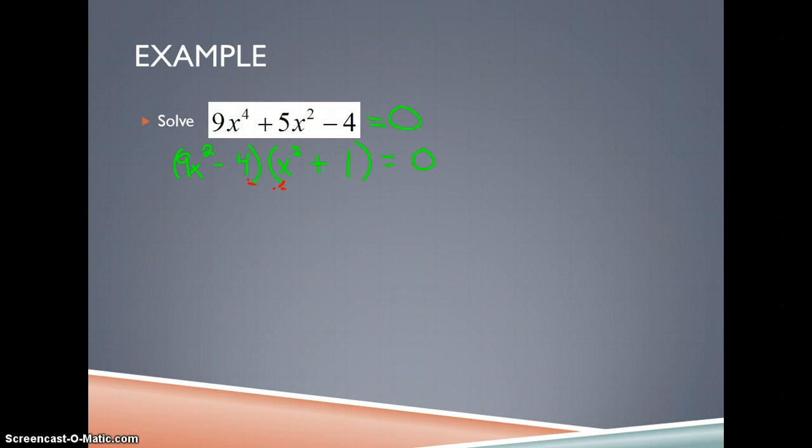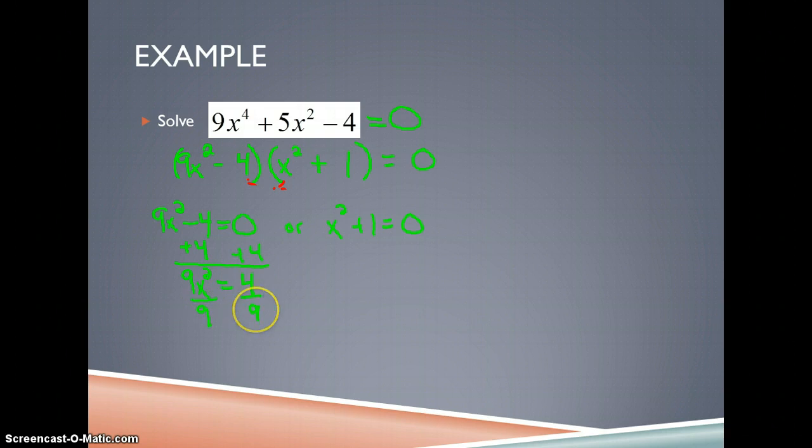So now as we solve these, we use the zero product property. 9x squared minus 4 equals 0, or x squared plus 1 equals 0. And now we solve these two. Add 4 to both sides. 9x squared equals 4.